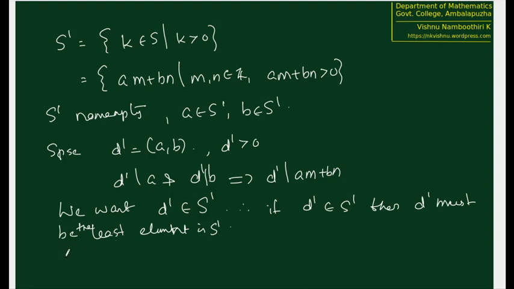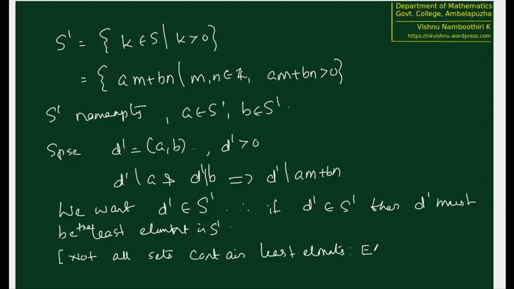So our next aim is to verify that the least element in S prime is the GCD of A and B. But even before that, we need to verify that S prime definitely contains a least element. What is the guarantee that S prime contains the least element? Because not all sets contain least elements.